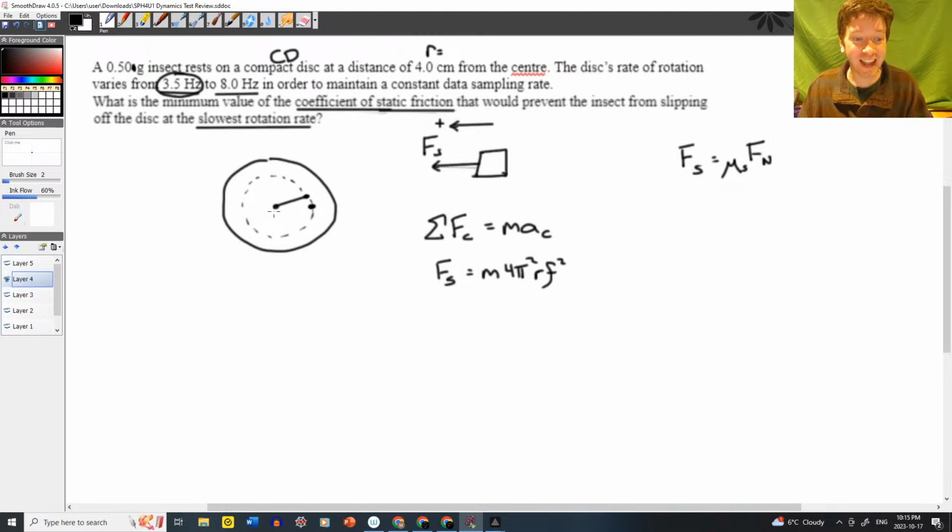Normal force is coming out of the page. And that insect is not accelerating in that direction. Right? It's not taking off or anything. So we can set normal force equal to gravity then. So we have static friction is equal to mu s times the normal force, which is equal to gravity, which is mg.